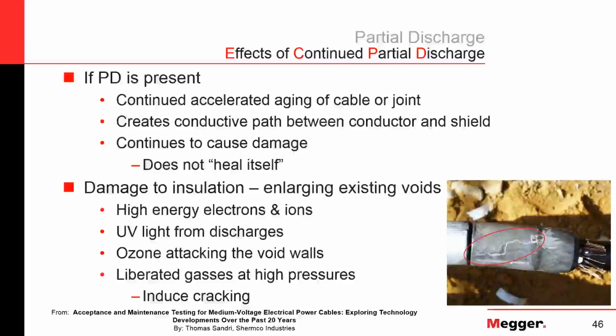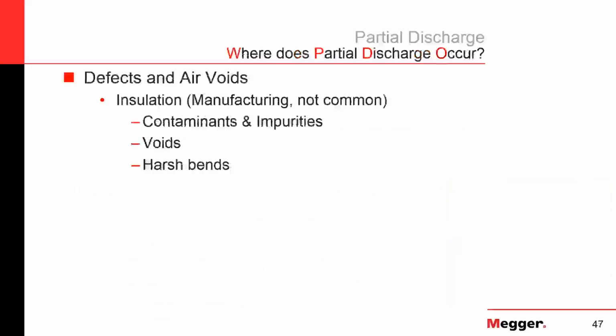When the area in the cable breaks down because of that high voltage stress, it releases high energy electrons and ions that attack the insulation material. It releases UV light, which again attacks the insulation, making it weaker. Ozone, high pressure, high temperature gases force the void to be a little bit bigger by expanding the air in there. All of these things contribute to a more and more damaged piece of cable that will eventually fail.